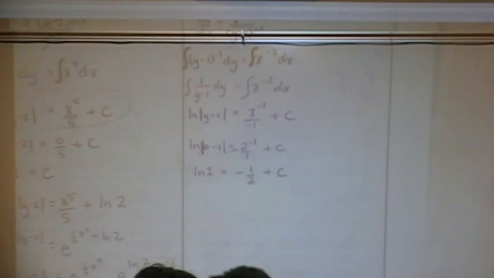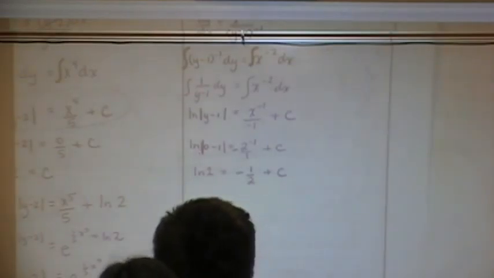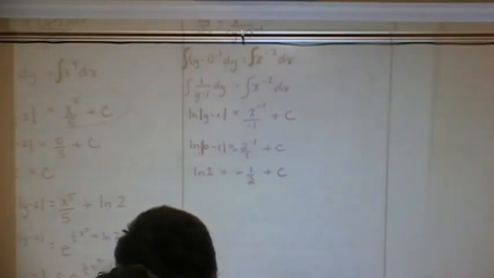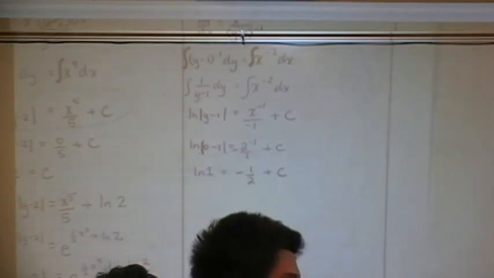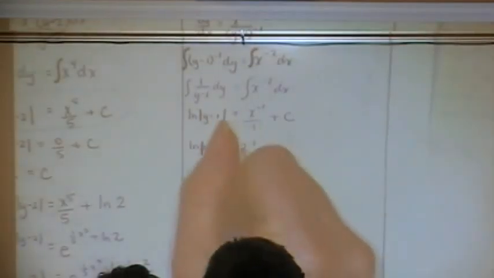Natural log of 1 is 0. Natural log of 1 is 0. Good job, Liz.